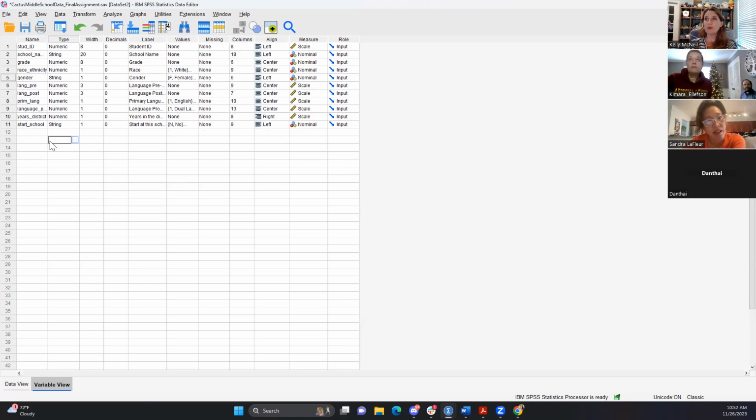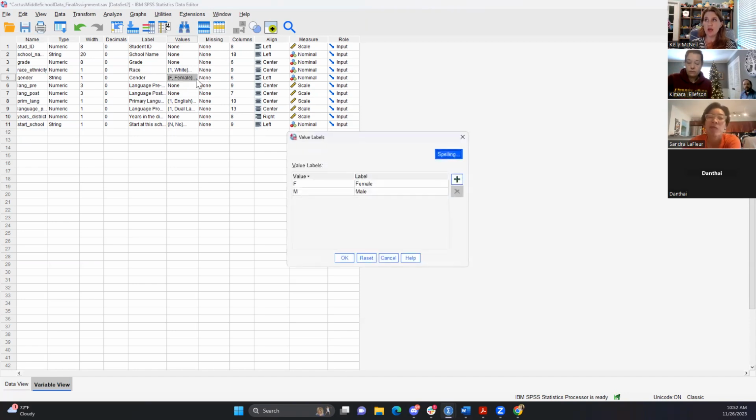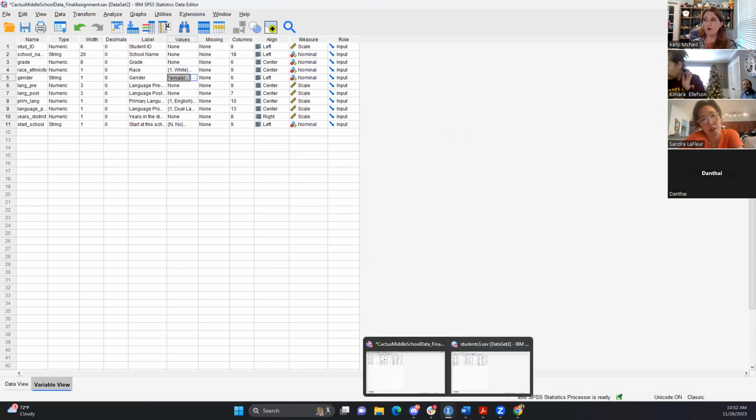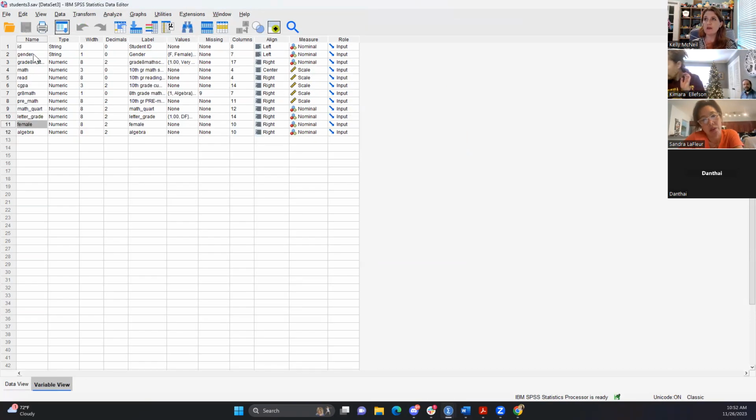So what we were initially doing, Dan was telling me, Dan was right by the way, we could go in here under values for gender and we could change these values here, potentially, maybe, I'm not really sure. But what I didn't want to do was, because I knew on our other homework, when we did this, we kept gender as a type of string data, which is characters, letters, male and female.